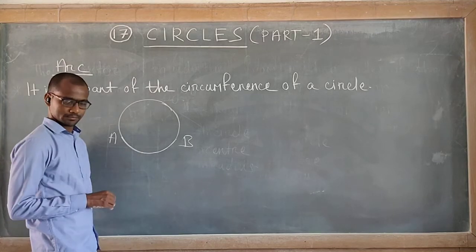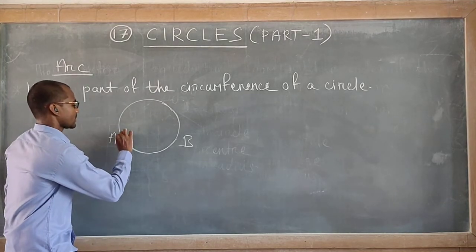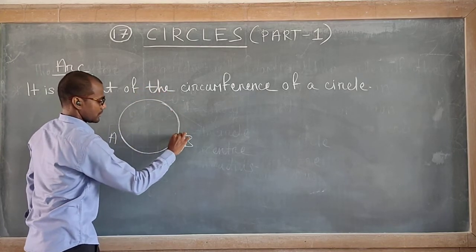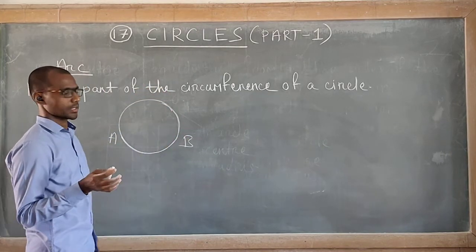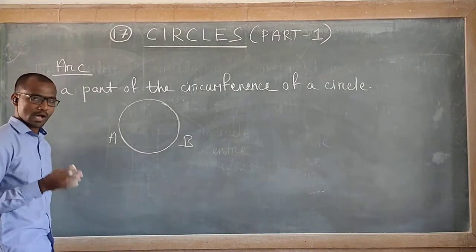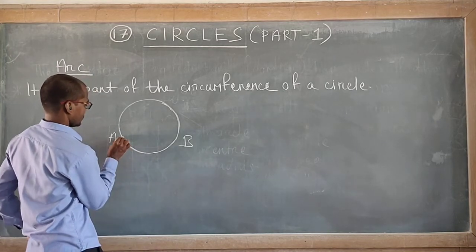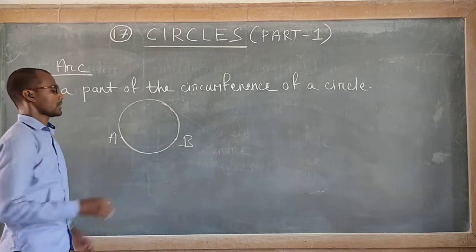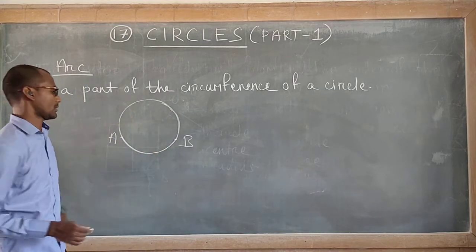So this is an arc. Again, this part is also part of the circumference. So this is also an arc. If you compare these two arcs, this is smaller, this is bigger.